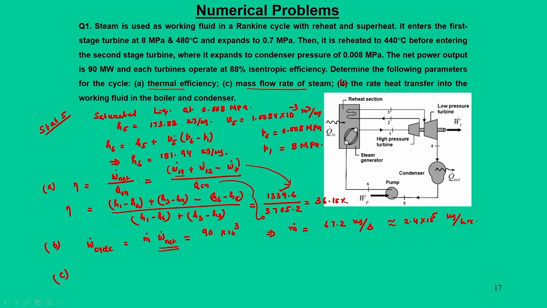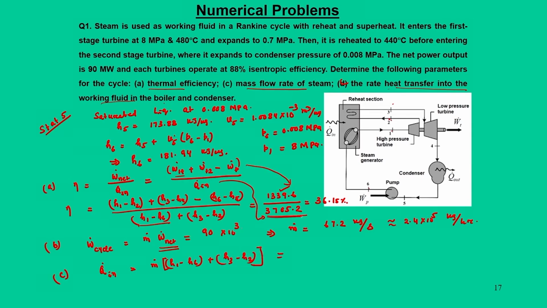Now, heat transfer into the working fluid in the boiler. So, we say Q_in, which is the boiler. It has two parts, one is conventional, taking from 6 to 1, the other is from 2 to 3, that is the reheat section. That is m dot into (h_1 minus h_6) plus (h_3 minus h_2).